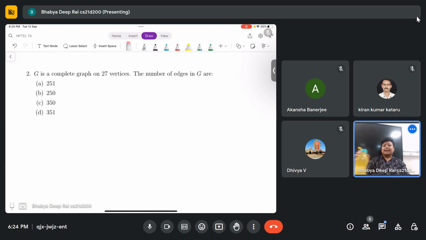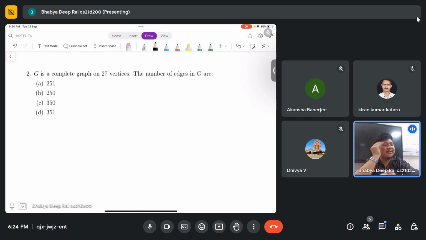Okay, so the next question says the following: G is a complete graph on 27 vertices. The number of edges in G are. Again, I'll give you a few moments to think about the question. You can think about it combinatorially also.